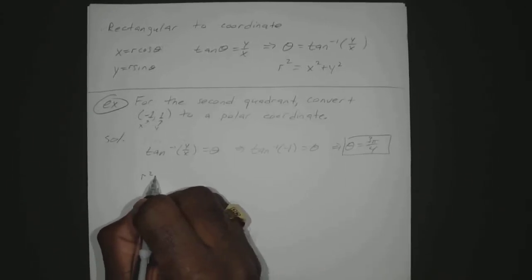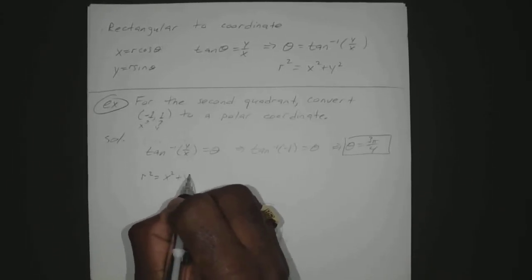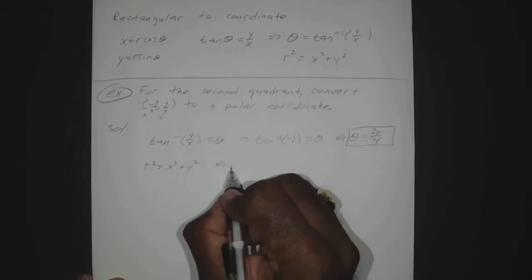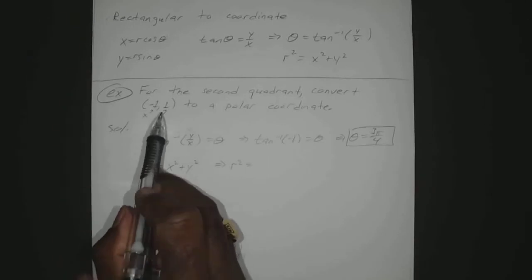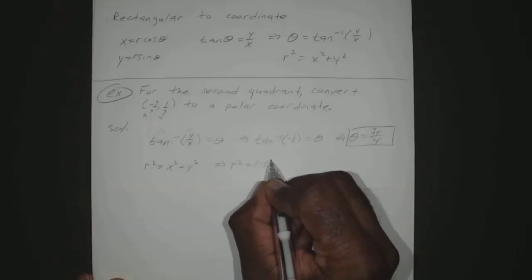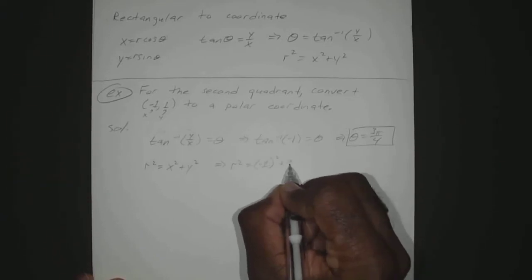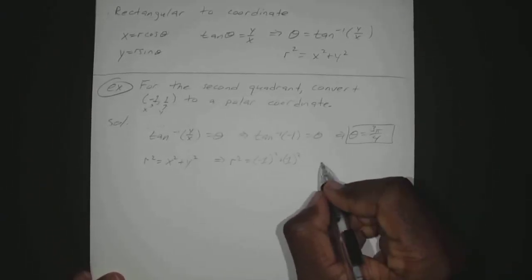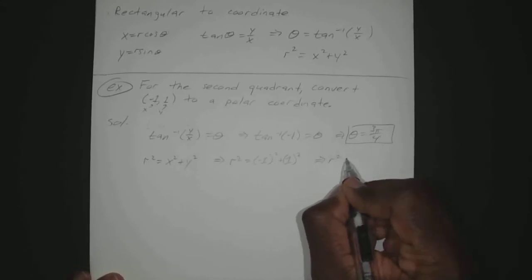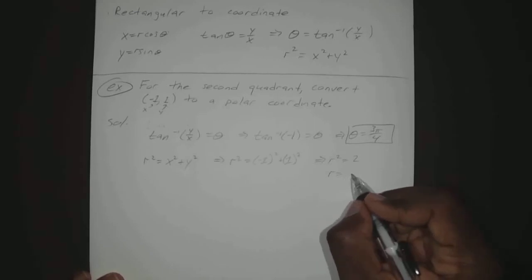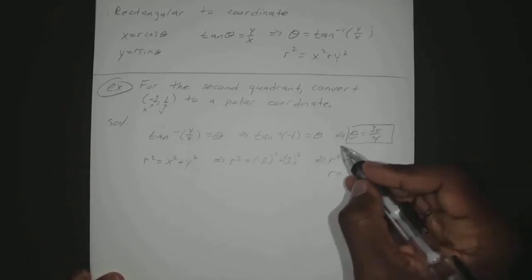We know that r squared equals x squared plus y squared. That means r squared equals (-1) squared plus 1 squared, so r squared equals 2. So r equals plus or minus square root of 2. You can't have a negative radius, so just square root of 2.